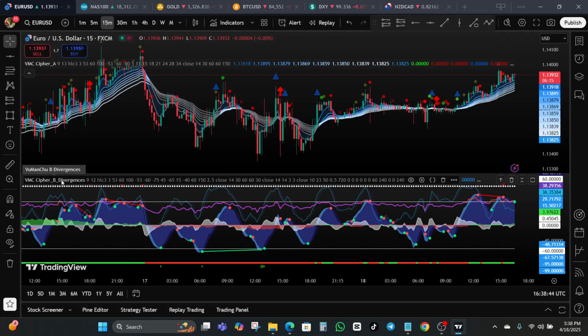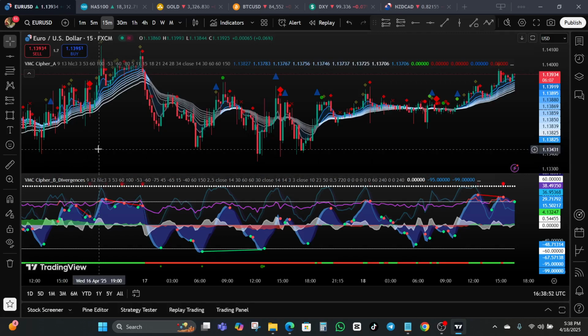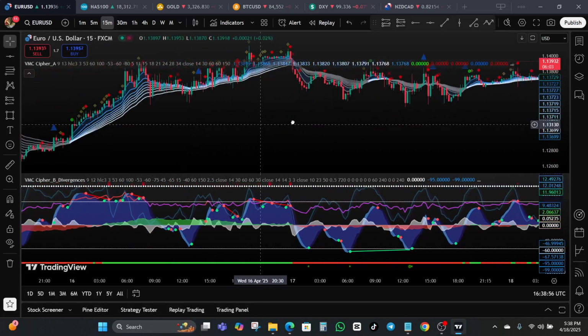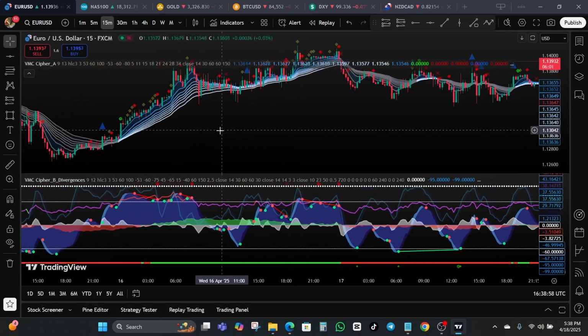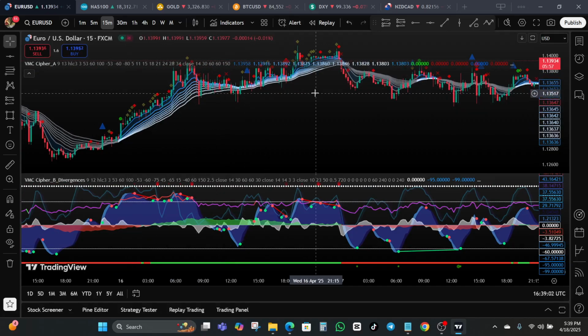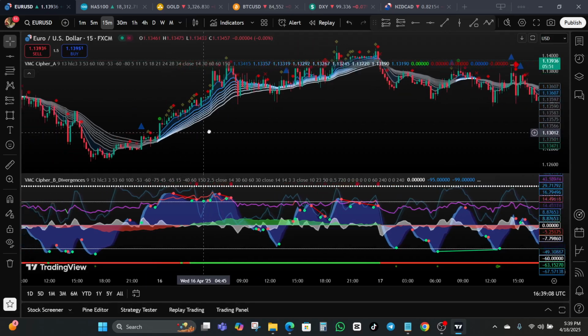So basically, what you have to do is to look for a confluence between both indicators. Just ensure that you have a confluence. Basically, the trend should be specified first of all. Make sure that the trend has been specified, whether you are in an uptrend or you're in a downtrend. Identify the trend first. You can see that the Vumanchu cipher A helps with trend identification.